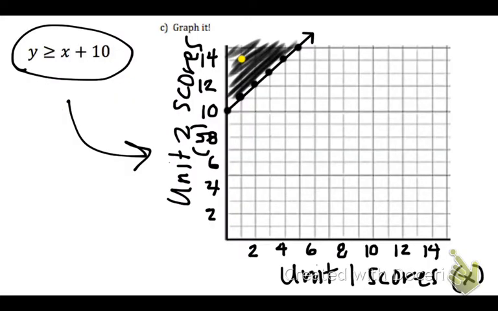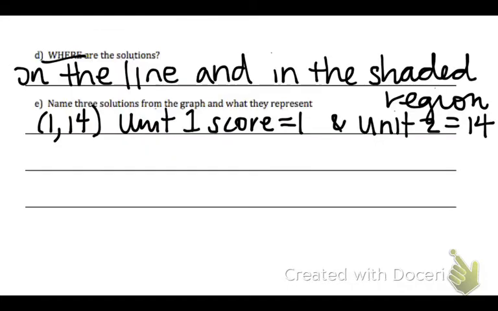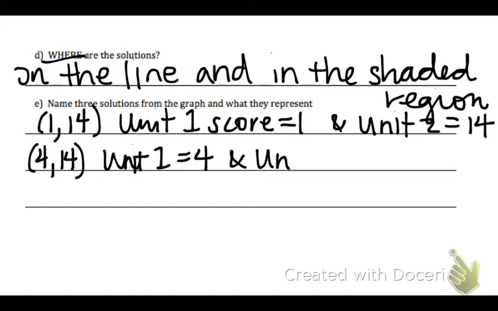What's another? How about this one right here, the one that's actually on the line? That's (4, 14). Oh, I didn't mean to pick another 14, but oh well. So what that means is his Unit 1 test was 4, and his Unit 2 test was 14. So there he improved by exactly 10, which qualifies as at least 10.